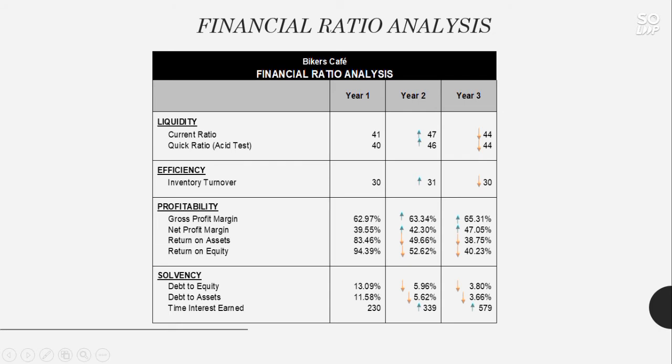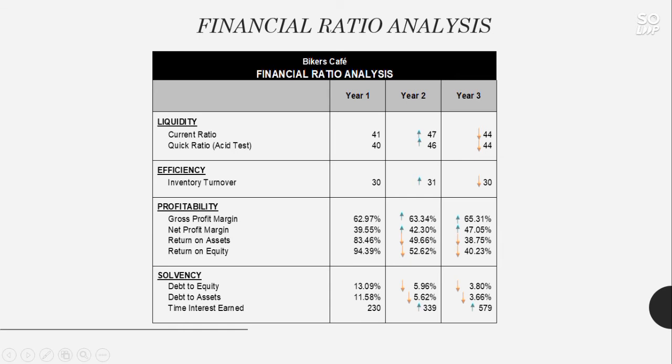For efficiency, our inventory turnover for year 1 is at 30, and it going to increase to 31 at year 2, and it going down to 30 at year 3.